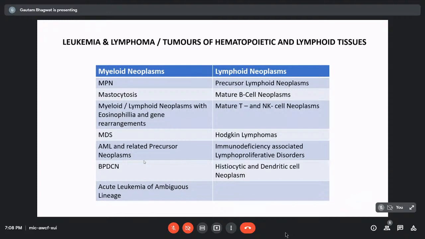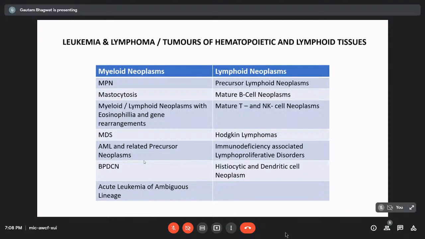Lymphoid neoplasms include the precursor lymphoid neoplasm or acute lymphoblastic leukemia, mature B cell neoplasm, mature T and NK cell neoplasm, which we call lymphoproliferative disorders, Hodgkin's lymphoma, immunodeficiency associated lymphoproliferative disorders, and histiocytic and dendritic cell neoplasm. So this is the broad classification which was given by the WHO in 2016-17.